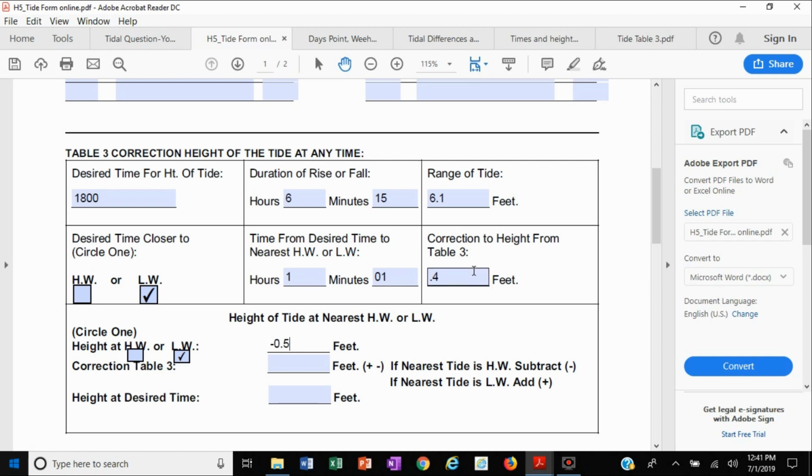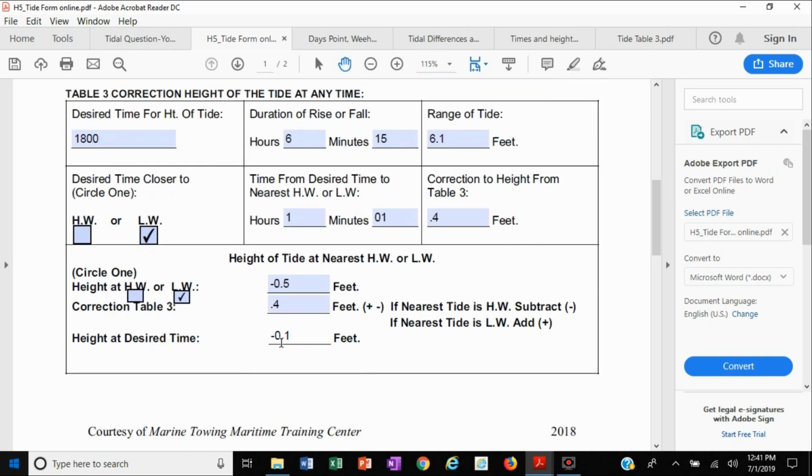And what is the correction from table 3? Well, we get that at 0.4. So the height at the desired time. This is where that calculator will actually come in. So negative 0.5 plus 0.4 equals negative 0.1 feet. Okay, so there's your answer.